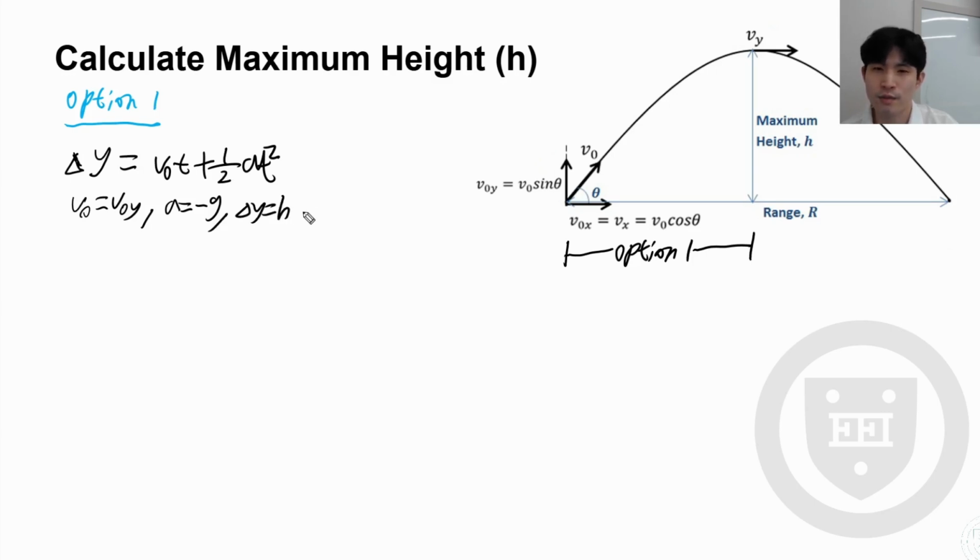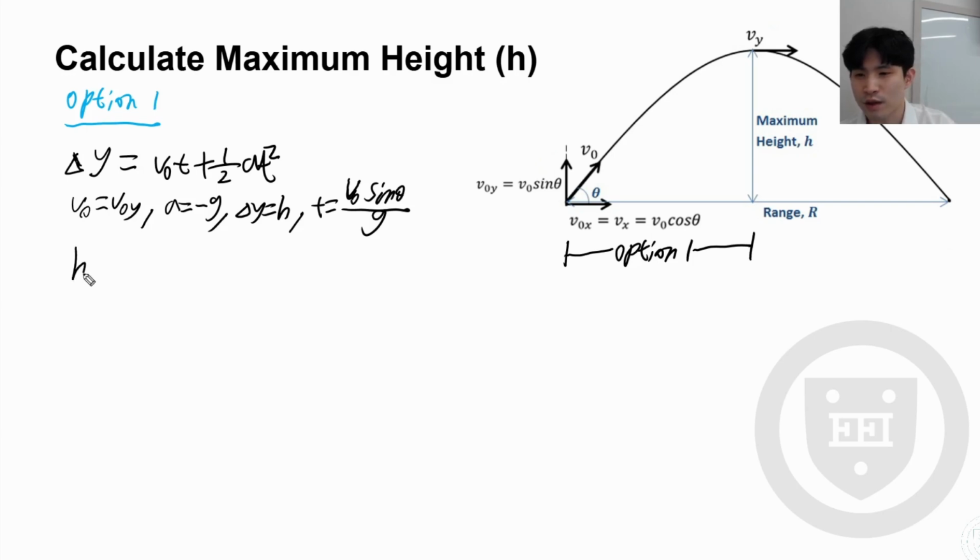So in option 1, v naught is v naught y, a is minus g, and delta y is h, and this is the value that we are interested in. And t is v naught sine theta over g. T is the value that we calculated in the previous question. It's not the total time, it's the total time divided by 2.